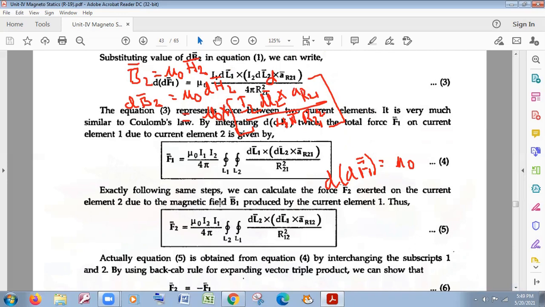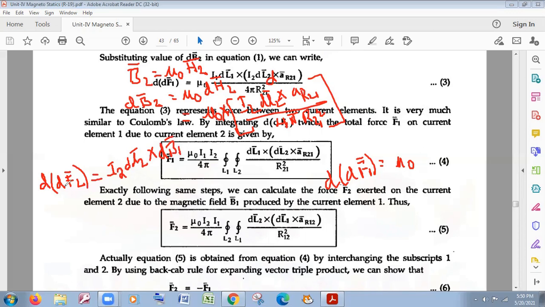And similarly, the differential current, d of dF2 bar, is equal to I. Previously we had I1, now it is I2 dL2 bar cross the differential field dB1 bar.